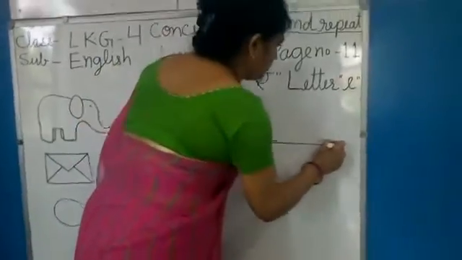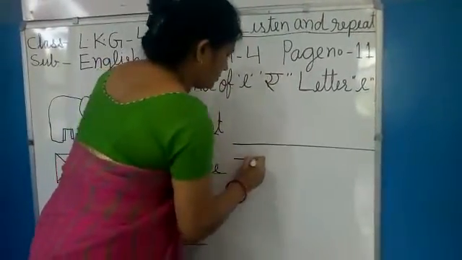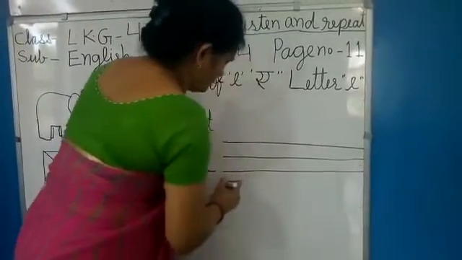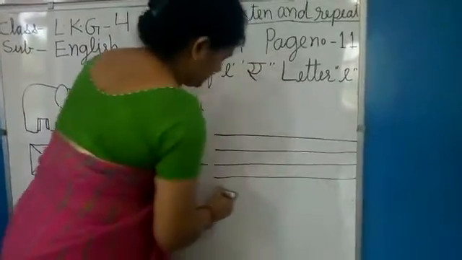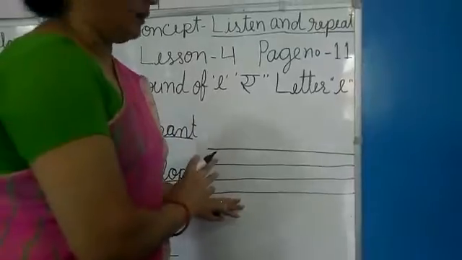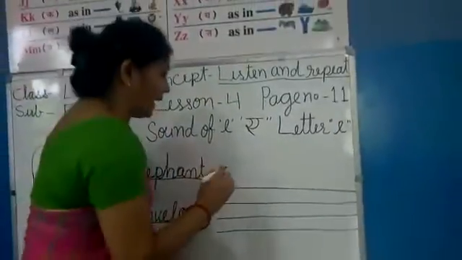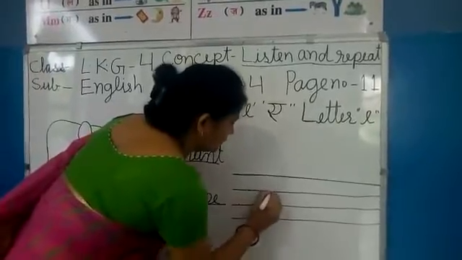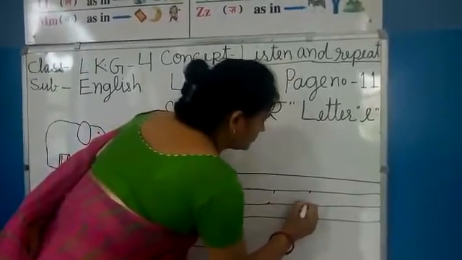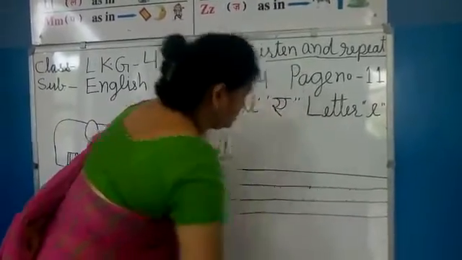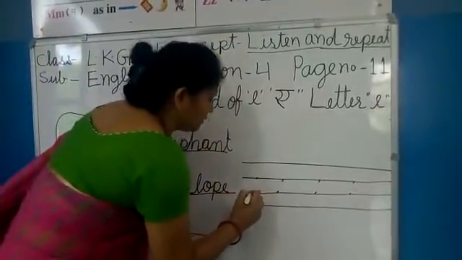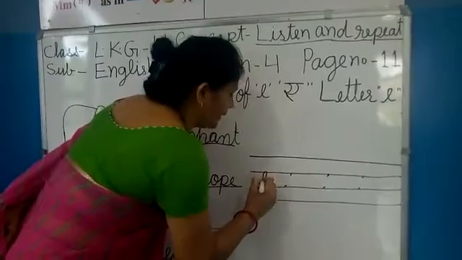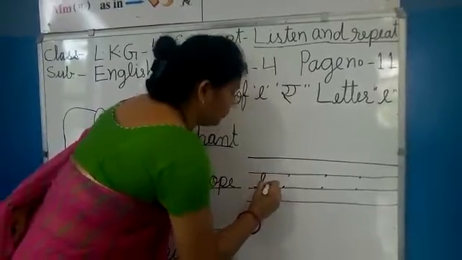Now write in line, letter E. So start letter E. Go up and down and up.